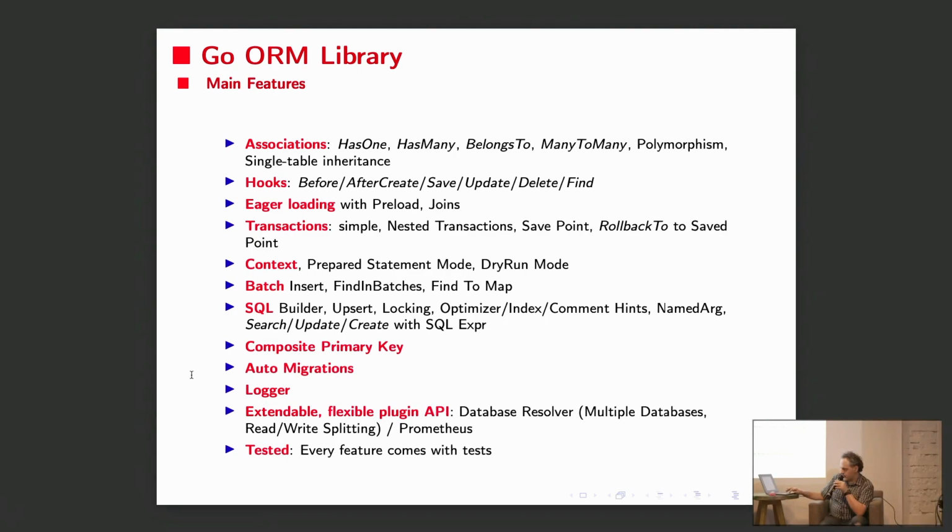And so just a quick panorama of the main features that the GORM library offers. You can have associations, hooks, eager loading of your data, transactions, context, batch, SQL builder, composite primary keys, auto migrations, logger, extendable flexible plugin API, and tested.